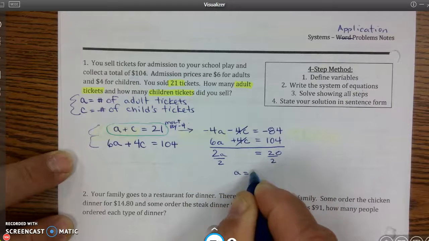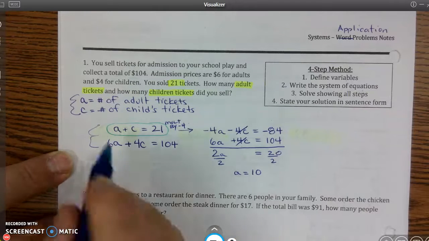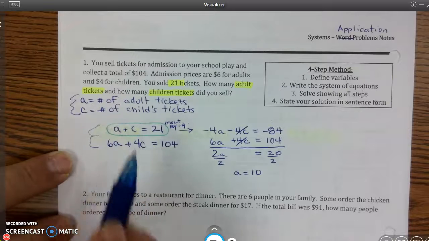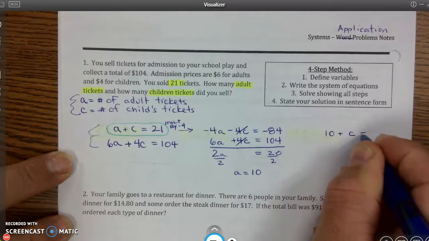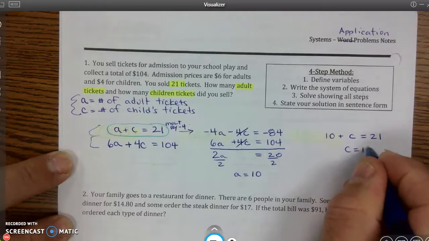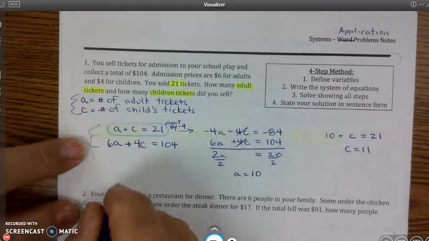A, the number of adult tickets, is 10. We sold 10 adult tickets. Now all we have to do is put 10 right here in place of A to find C. 10 plus C equals 21. C equals 11. So, please write your answer in sentence form.